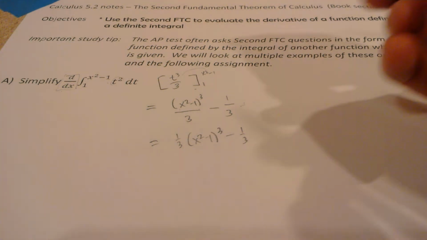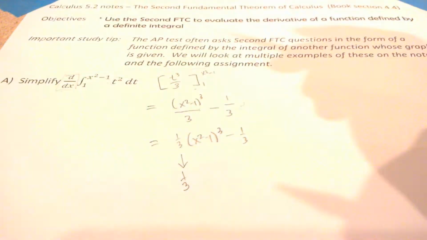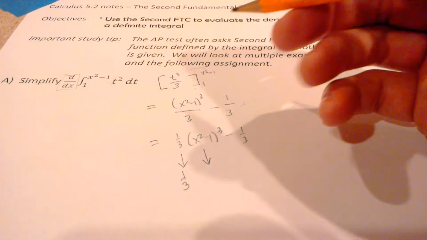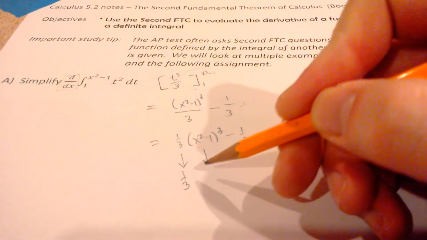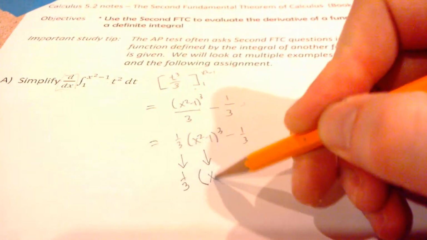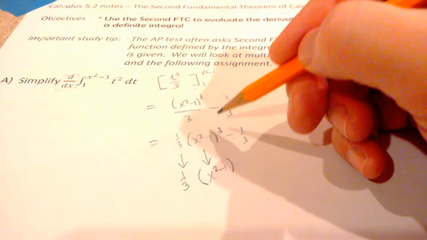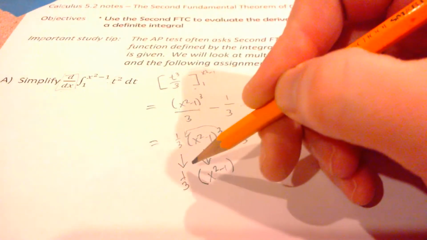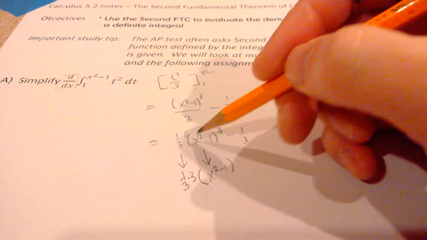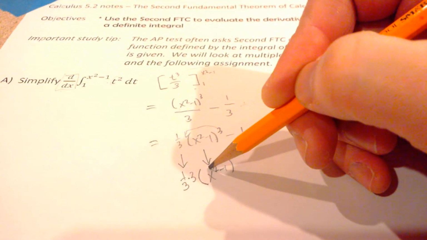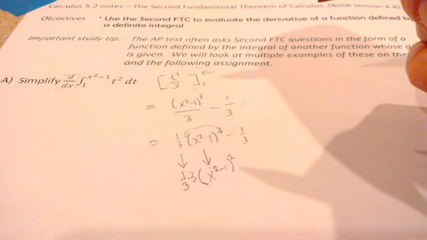When I differentiate this, the 1/3, I can keep that as a constant and just differentiate the variable portion. I would get, using chain rule here, I'd bring the 3 down. I'd get x squared minus 1. I'd keep the quantity the same, and I'd drop the power to 2.